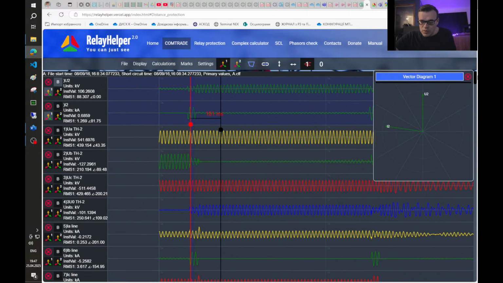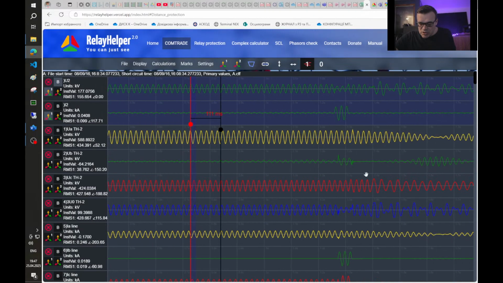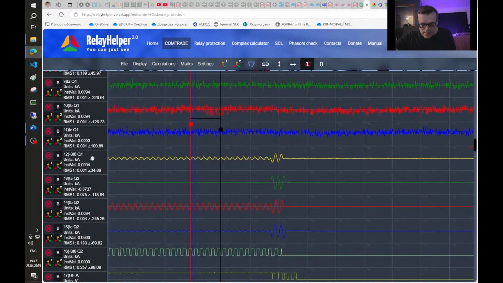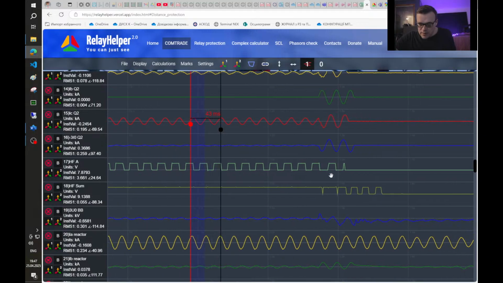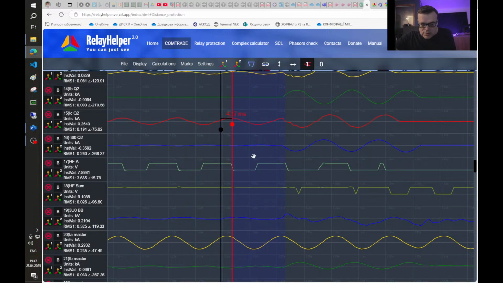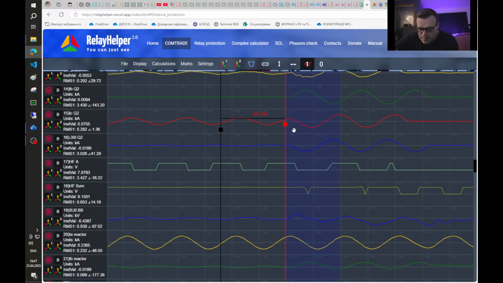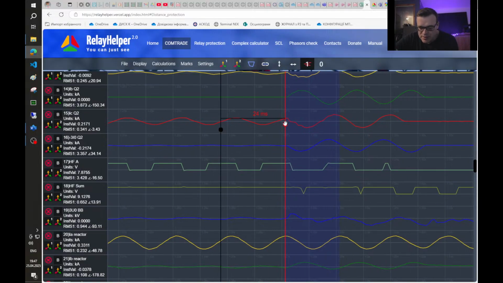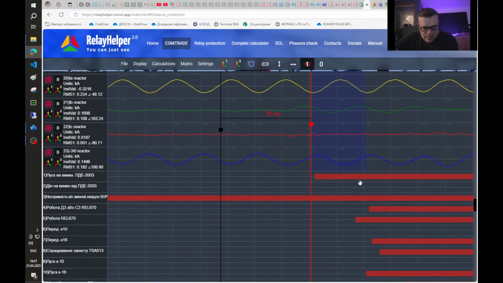And if we look from substation A side, after switching on the phase, we can see that this pause is a little bit bigger, and here we must see, yes, this digital signal is the trip signal from the PDA 2003 protection system.